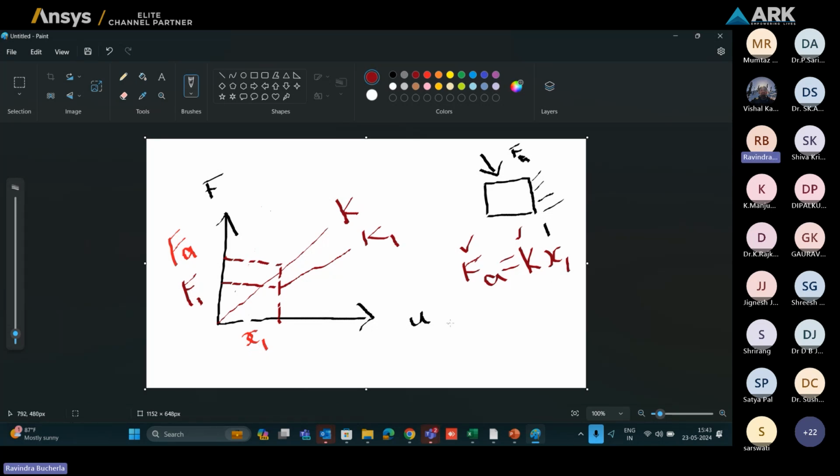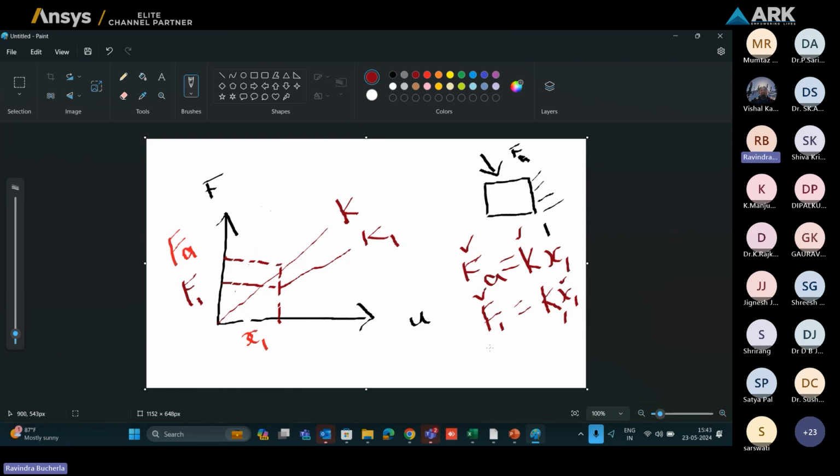And from X1, we will be calculating the force reaction. Now once we have the force reaction and the displacement, we will be calculating K1.